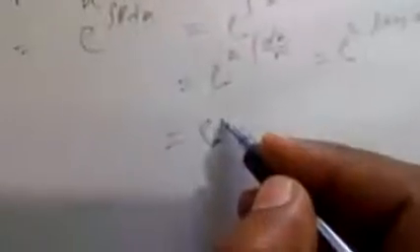In the logarithmic formula, the 2 goes to the power of x, so it is written as e to the power log x square, and e to the power log x square is equal to x square. So your integral factor's value is IF equal to x square.